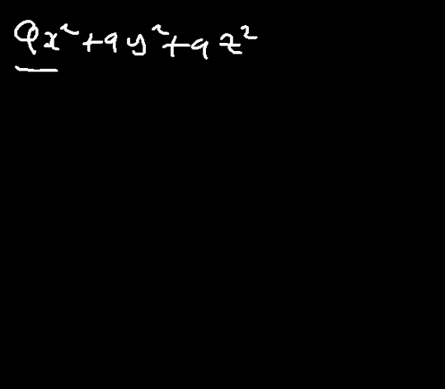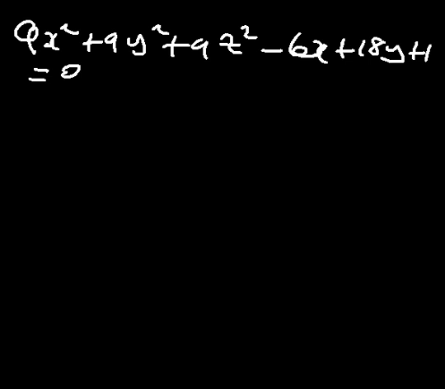The coefficient has to be the same. And let's say we have minus 6x and plus 18y, let's say plus 1, which is equal to 0. So what is the center as well as the radius of this particular sphere?